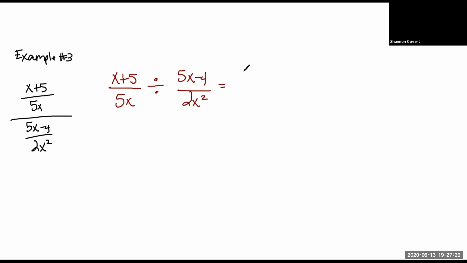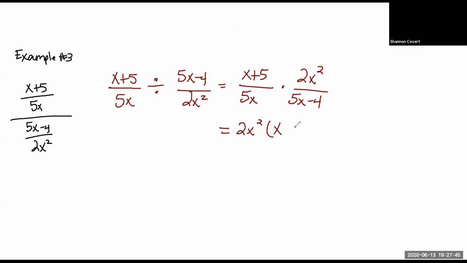Rewrite it as a multiplication problem. x plus 5 over 5x times 2x squared over 5x minus 4. Multiplying numerator times numerator, I have 2x squared times the quantity x plus 5. Multiplying my denominators, I have 5x times the quantity 5x minus 4.